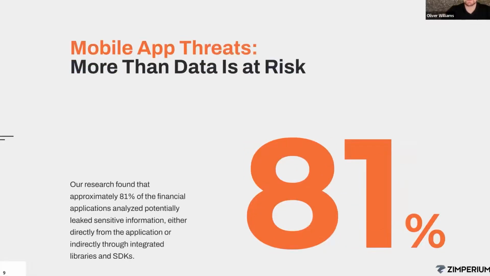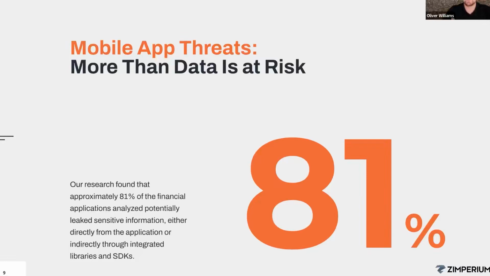Some of the other areas as well. This was a piece of research we did around financial applications. We analysed hundreds of the top financial banking and payment provider solutions, and found that approximately 81% of the applications released in just that vertical alone are leaking sensitive information.